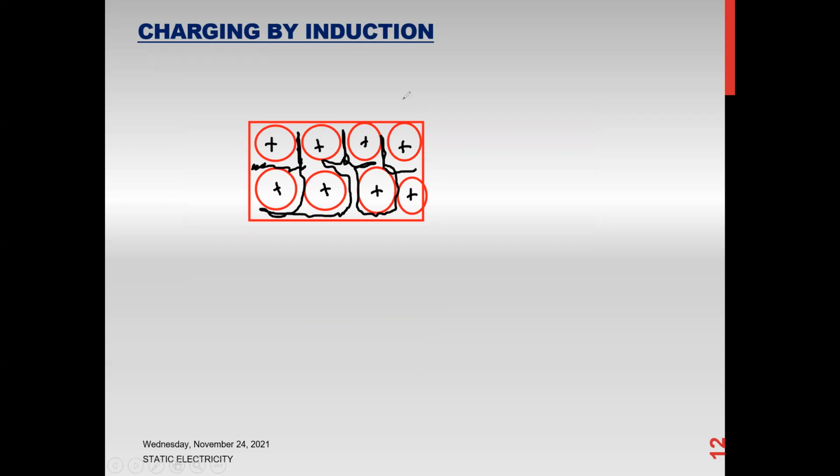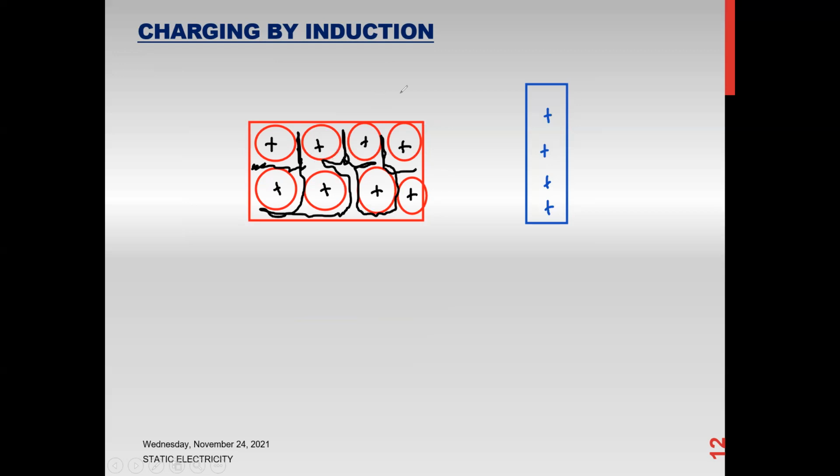Originally, the electrons are evenly distributed, but if I bring, without touching, a positively charged rod, we know like charges repel and unlike charges attract each other. So as a result, what happens?